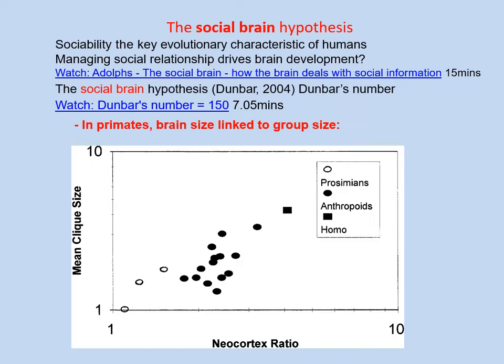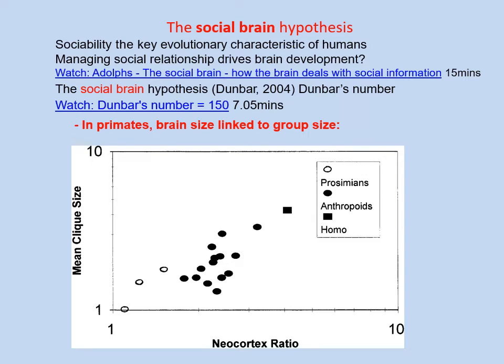The more sophisticated the social life of a group, the larger the brain that they need for managing this. In other words, it is the demands of managing social relationships that seems to drive the development of the human brain. Adolf, in this link, has talked very interestingly about how the brain deals with social information.